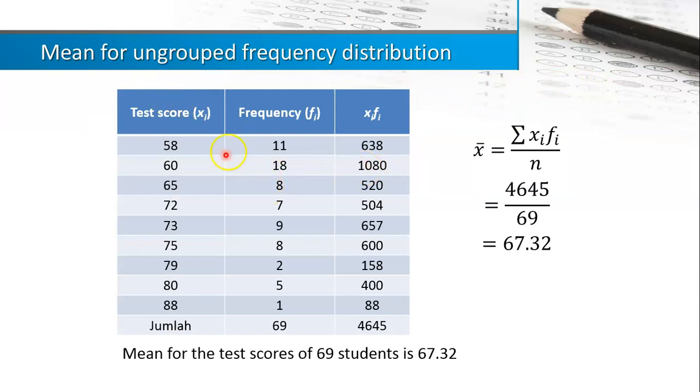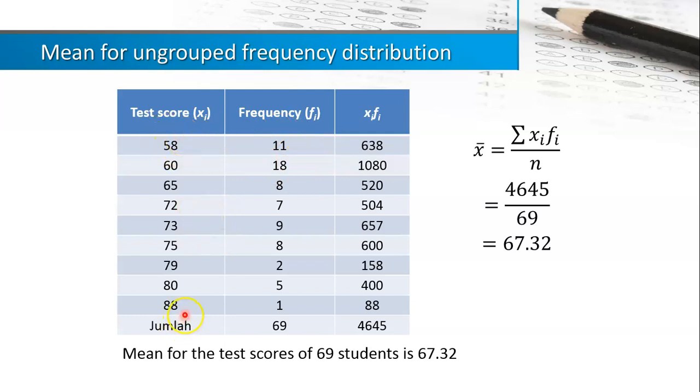Sometimes there are a lot of scores, and you can see there are recurring test scores here. This is still a mean for ungrouped frequency distribution. For example, for the score 58, the frequency is 11, meaning 11 students with score 58.